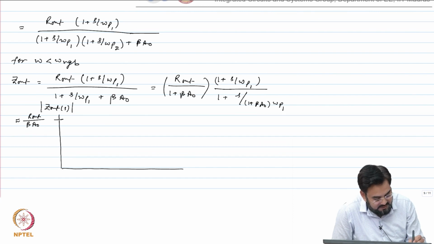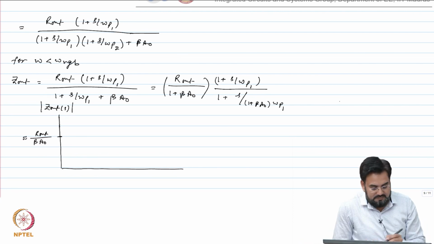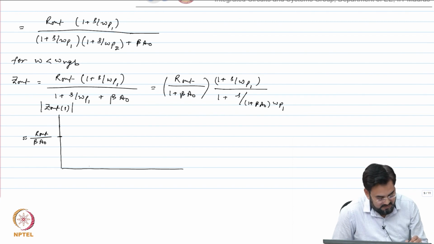What would happen? Let me move it down so that we have some space. I will start from here. So I have a zero at lower frequency, correct?